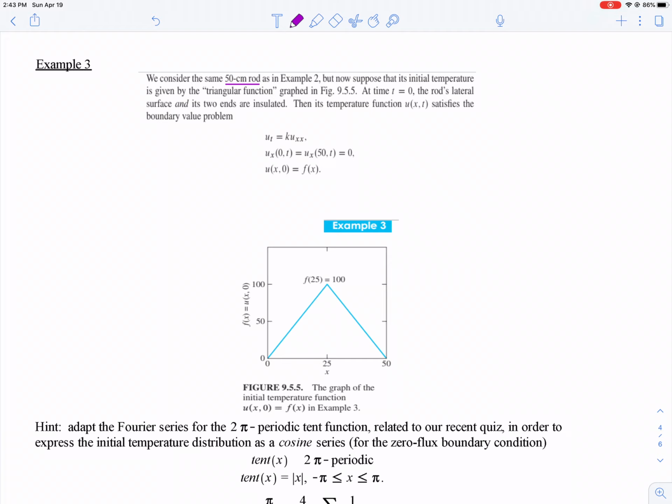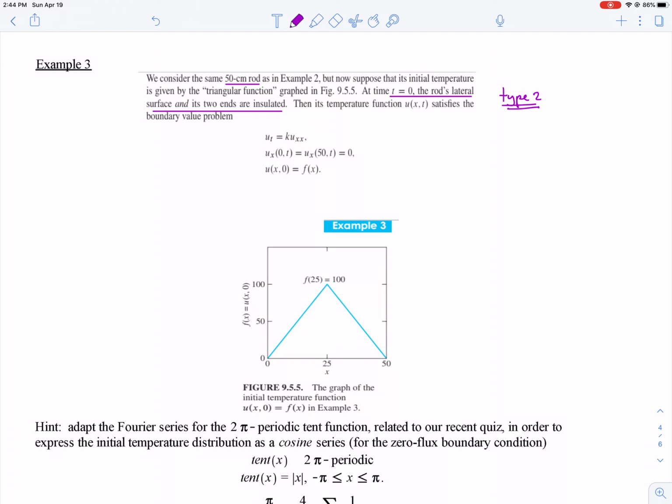And we are going to do a type 2 problem where we insulate the ends. So we need u_x to be 0 at x equals 0 and L, and so we're going to do an even extension and get a cosine series.